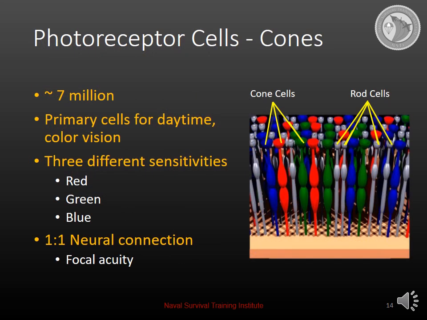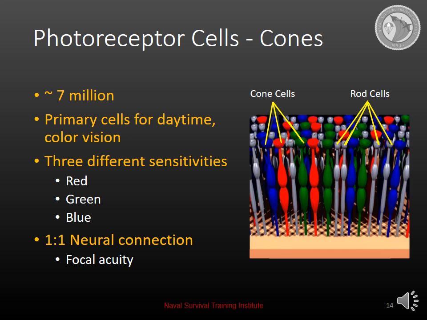Now you have two types of photoreceptor cells on the back of your eye. They're in your retina. About 7 million of those photoreceptor cells are cone cells, and that's divided among three different types: red, blue, and green. Now these cells are responsible for color vision. You have three types because that's all your brain needs in order to interpret the light coming in and to perceive the full spectrum of color.